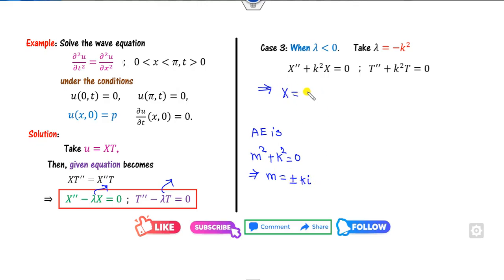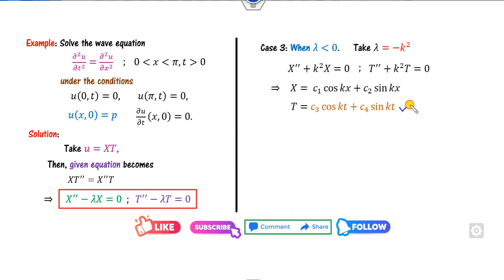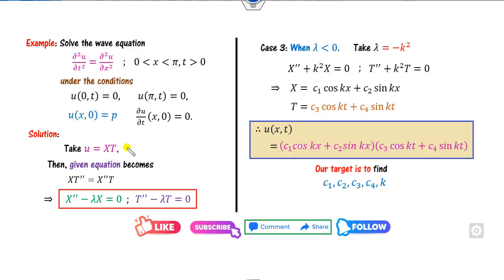So once it's a complex number, you know you have to write the equation in the form of sine and cosine, C1 cos kx plus C2 sin kx. Similarly, you can define the auxiliary equation for this and you can get the value of capital T. Substitute the values of X and T in this case. Now once you know the solution, your target is to find these unknown parameters.